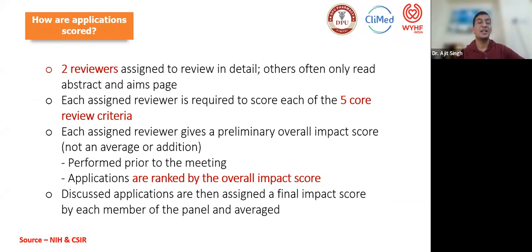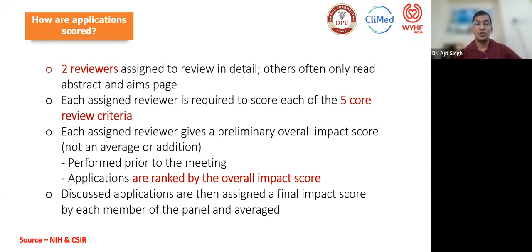They don't read everything. There are many people in the committee, in the panel, usually 5, 7 or 11, not less than 5. In some teams like NIH, there are 20, 25 people in the panel.